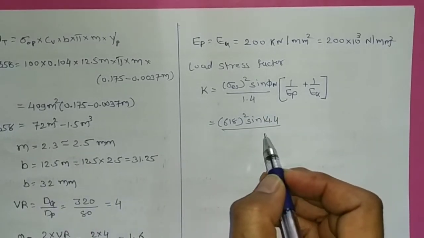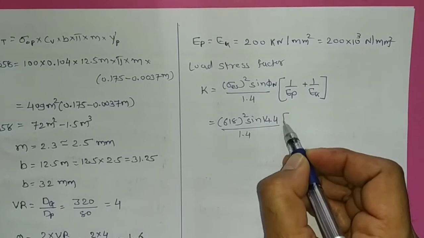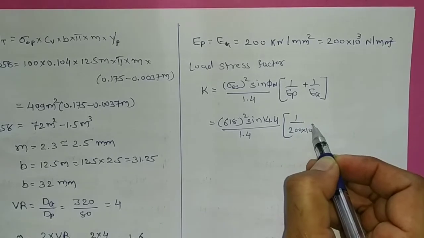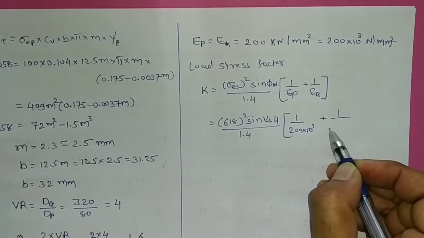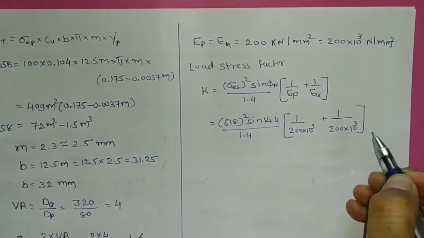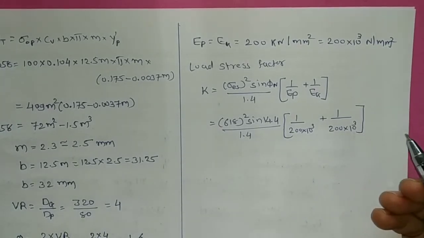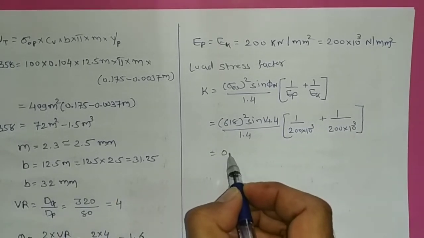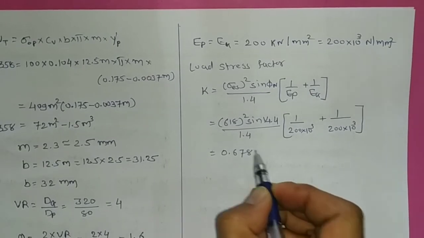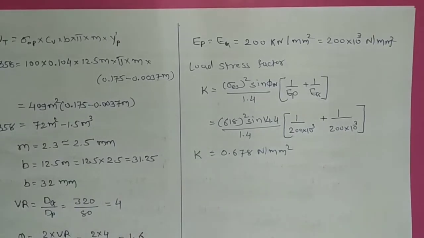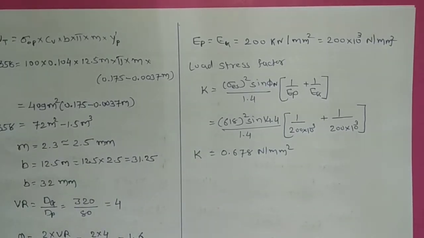We have found the value of phi n upon 1.4, and 1 upon EP is equal to 200 into 10 raised to 3, plus 1 upon EG is also 200 into 10 raised to 3. By solving this you will find the value of K is equal to 0.678 Newton per mm square. So the load stress factor K is equal to 0.678 Newton per mm square.